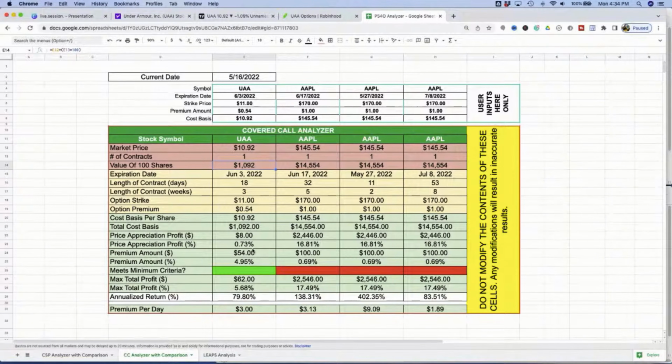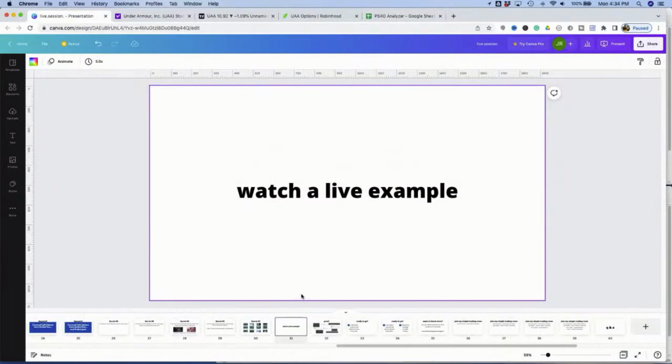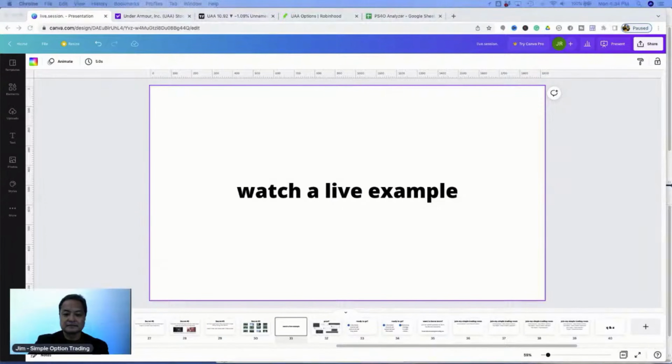That's just money in my pocket, and I still keep my shares. And so that's really the premise of what I'm talking about: selling the covered call, using the shares that I have as the underlying security, getting paid the premium, and then keeping that premium when the option contract expires worthless.